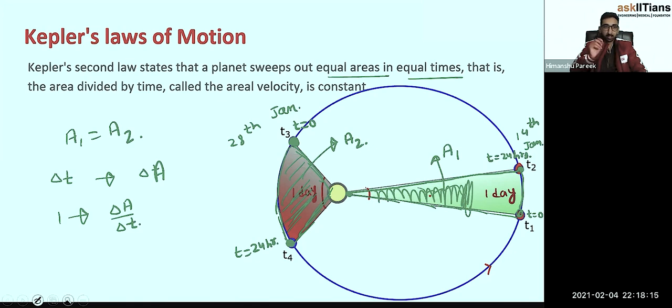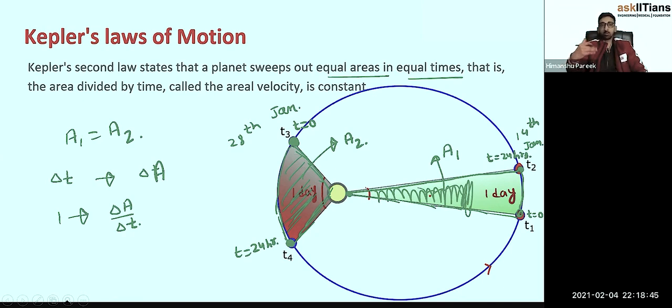That remains constant, the area covered by the planet at the sun per unit time. Just like you say that distance per unit time is called speed, similarly, the area per unit time is called aerial velocity.